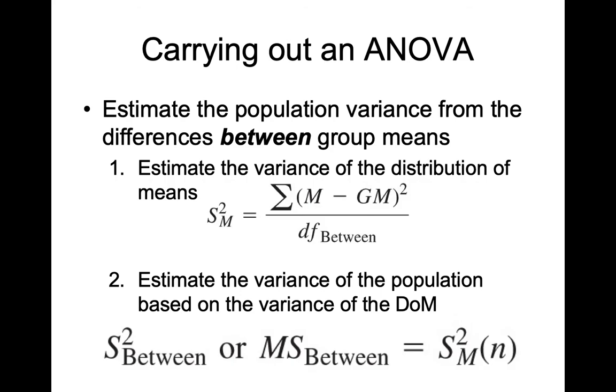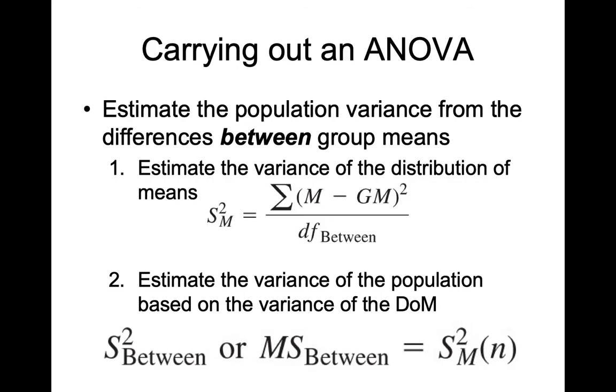Recall that if we knew what the population variance is, we can calculate the variance of the distribution of means by taking the population variance and dividing by n. We've done that calculation many times in this class, where we've taken the population variance, or an estimate of the population variance, divided by n, and that gives us the variance of the distribution of means.